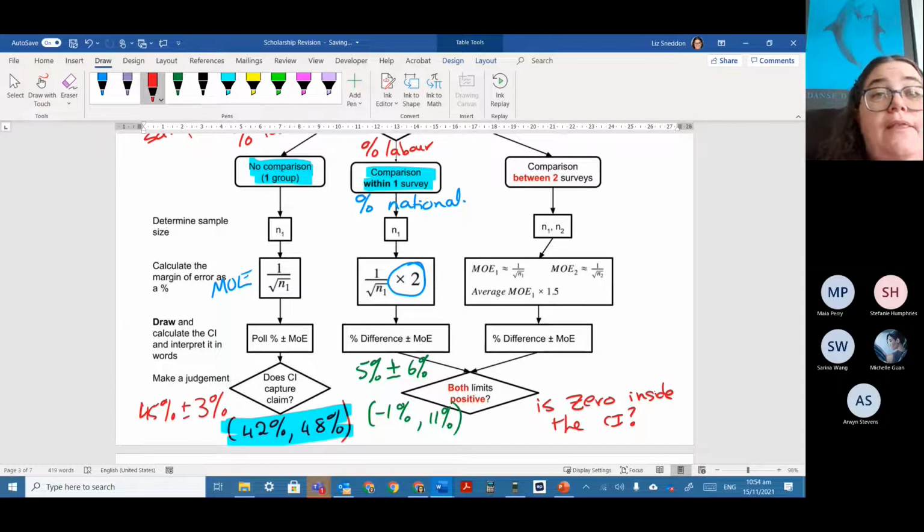So can I say that there is a difference? No, I can't. If 0 is inside, they could be the same in the population. Okay, in my sample, there's a difference, but in the population, there might not be a difference. So that's what we want to be able to do there, is we want to compare inside a single survey and see, is 0 inside that confidence interval?